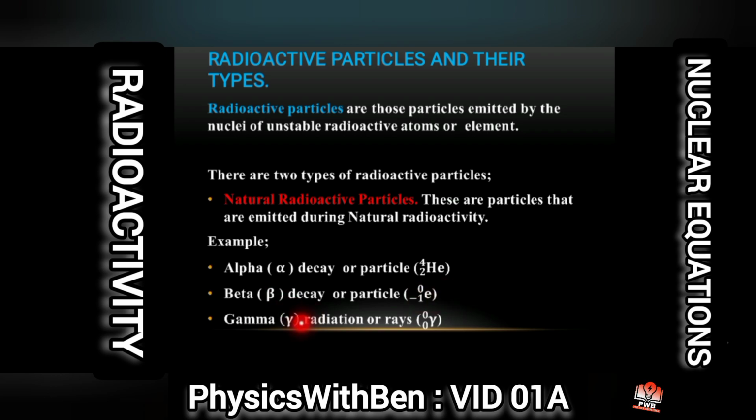And then the gamma radiation or the gamma rays, represented with the symbol gamma, with 0 and 0 here meaning that it has no mass and no atomic number. The gamma radiation is said to be electrically neutral. We are going to discuss that as we proceed in this lesson.